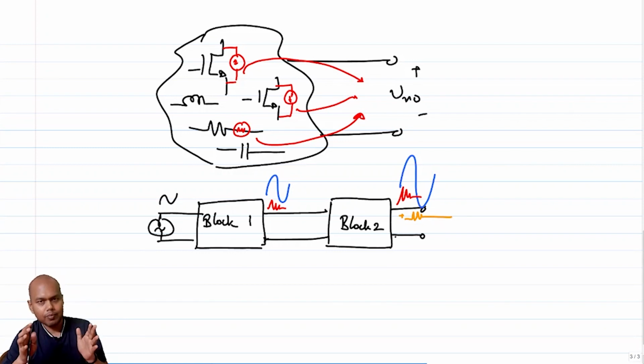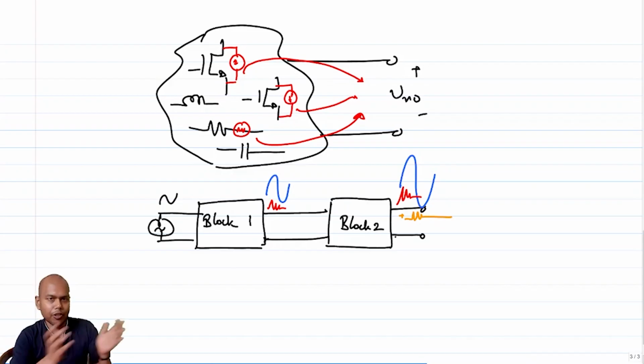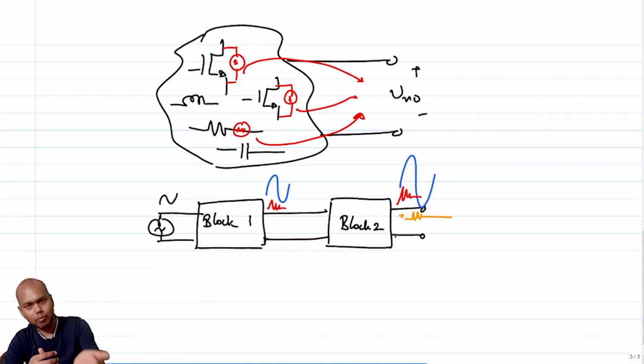So all of them are essentially trying to capture the information of the entire noise provided by a certain block into one number, right? The benefit of that is it helps the designer of the previous or the subsequent block to design their blocks, if I know what type of noise I am going to encounter from a block that is preceding me or succeeding me, right?